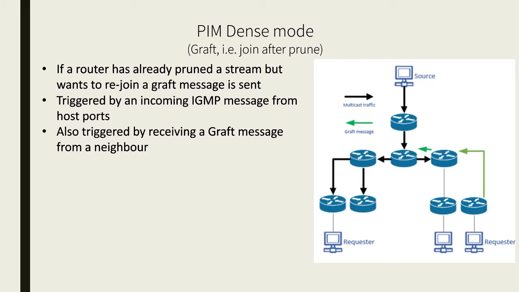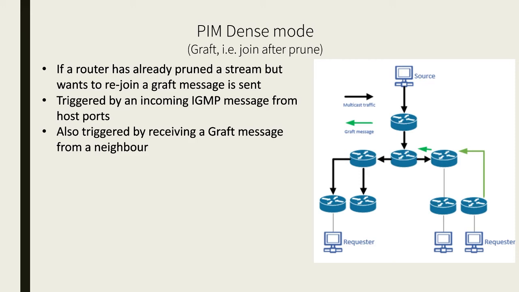What these end devices will do is graft upstream towards their neighbors. And that'll usually be triggered by some kind of IGMP state change, so usually a report or join message from their local network saying, hey, I'm now interested in this multicast group, please send me this traffic.